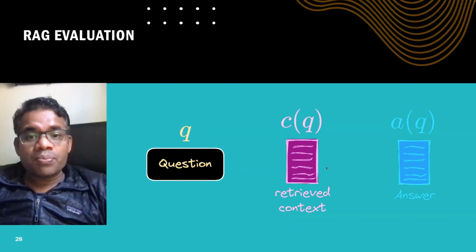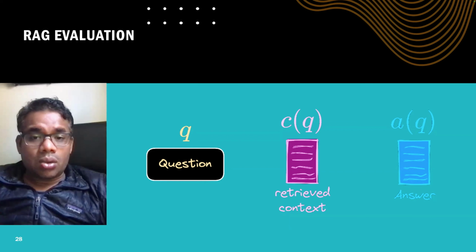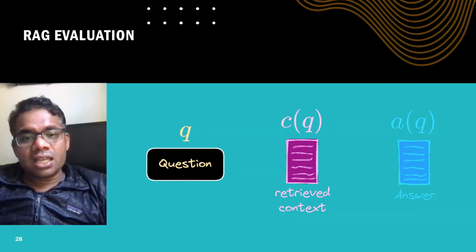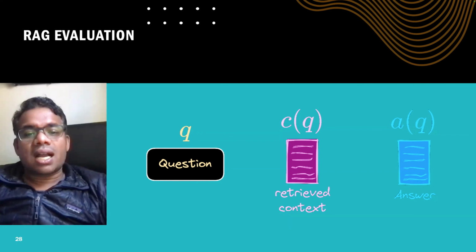Therefore, we prepare self-contained, reference-free metrics that capture the quality of the generated response. You can say the quality is Q of the generated response, which is precisely what matters in a RAG application. So the quality is what we just need to understand.